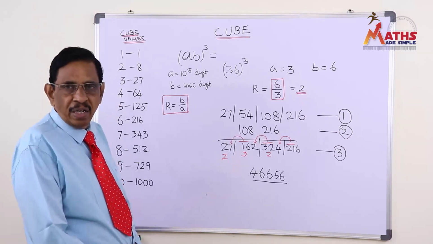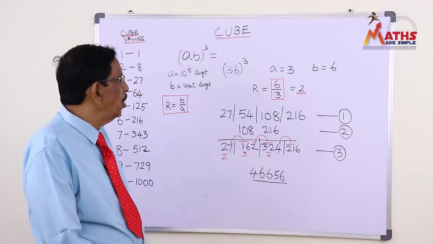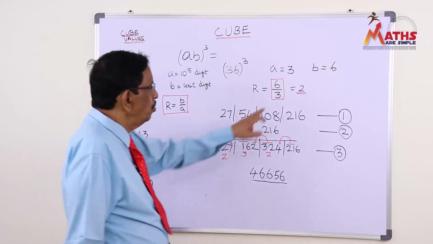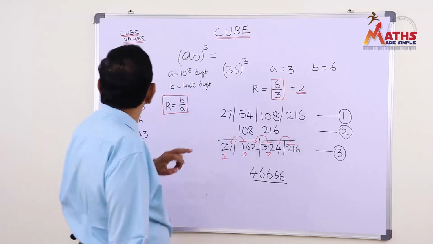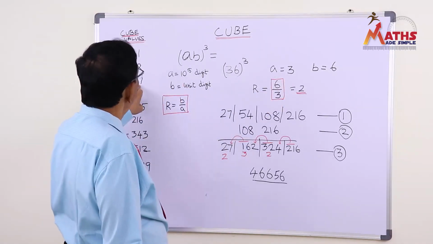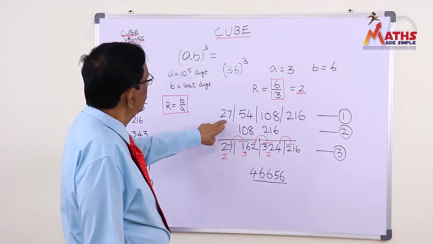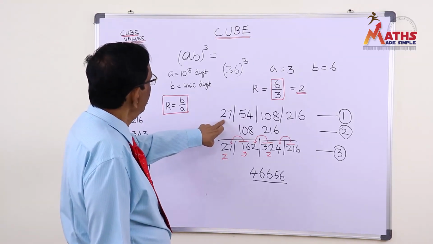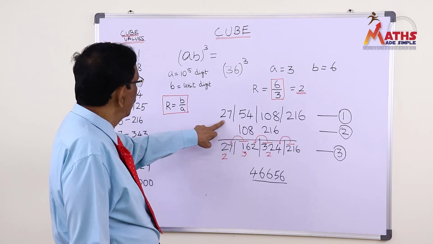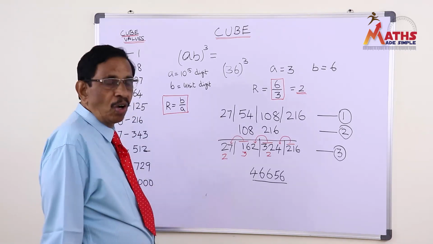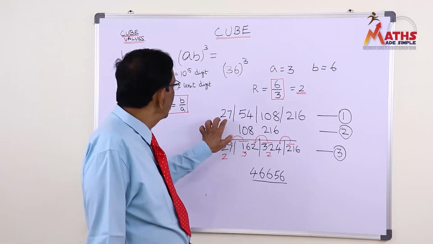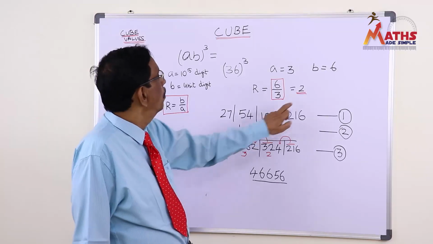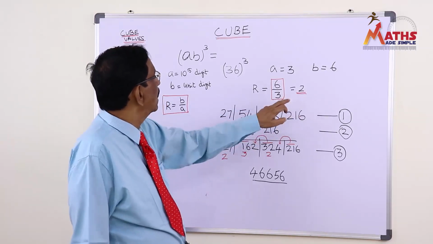For line 1, the first digit is going to be a cube. A is 3, so 3 cube is 27. I am writing the first digit value as 27, which is equivalent to a cube. Then what you have to do? Multiply the first digit by the ratio to get the second digit.